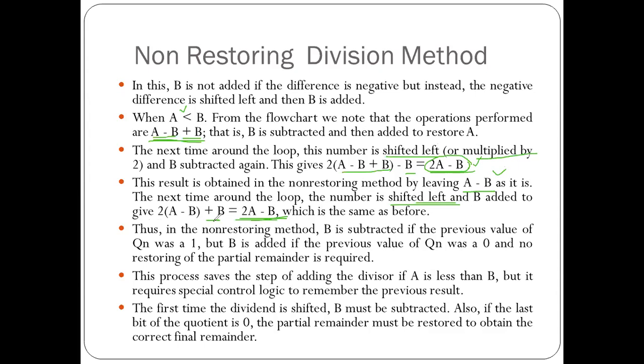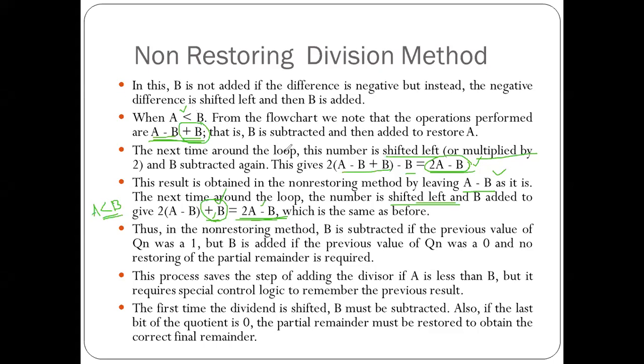So when we have to add B, it is not necessary to always add B. Only when A is less than B do you have to add B to obtain this result. Otherwise, you won't restore.